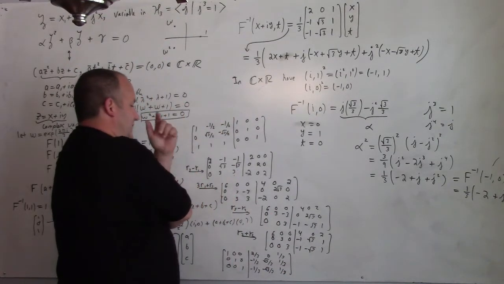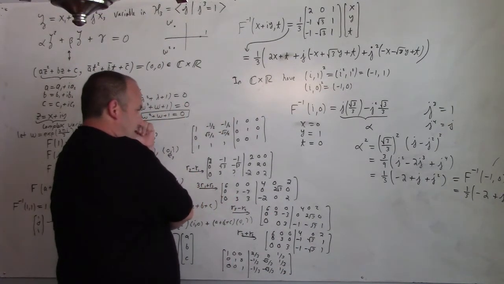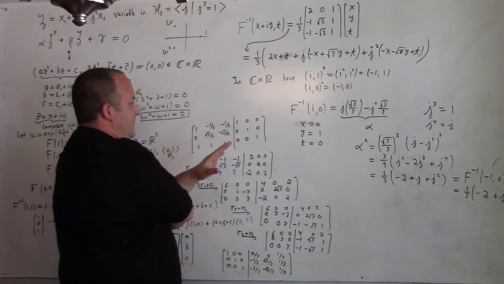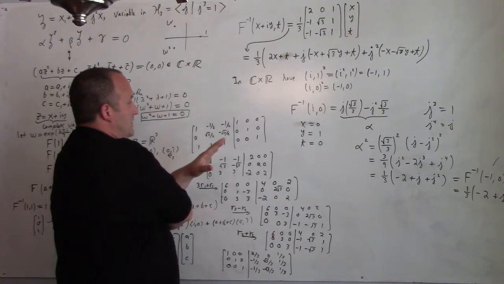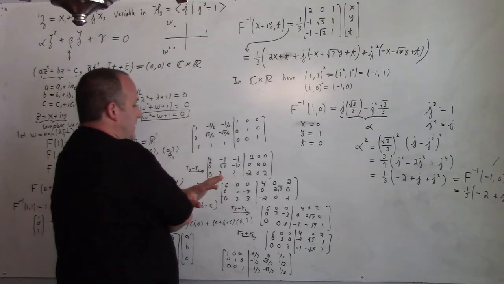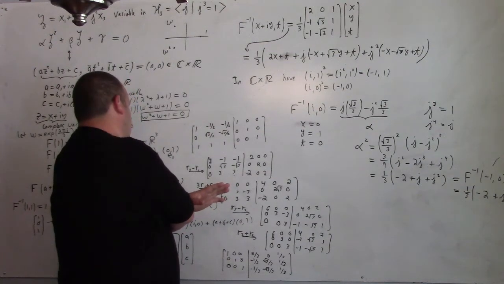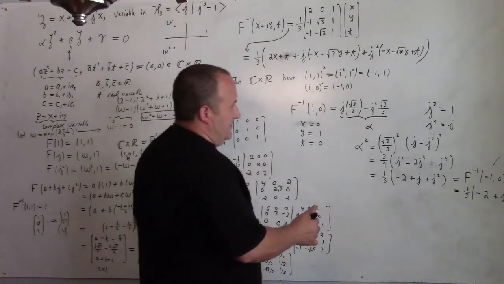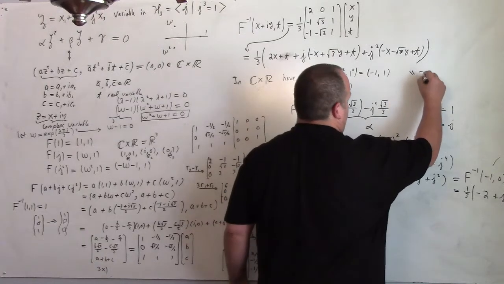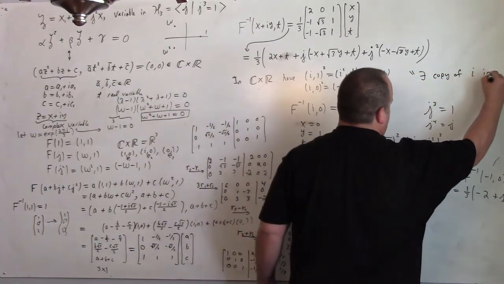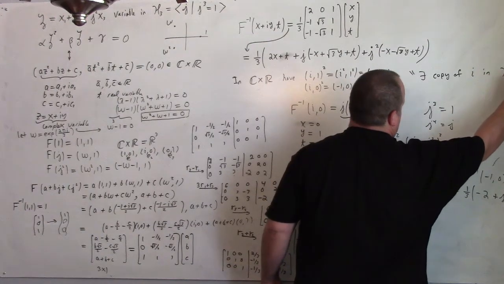What was wrong with my thinking, Audric, is that I was thinking there is a copy of I in C cross R. And the question is, what do I mean by that? I say that, right? There exists a copy of I in H3, right?